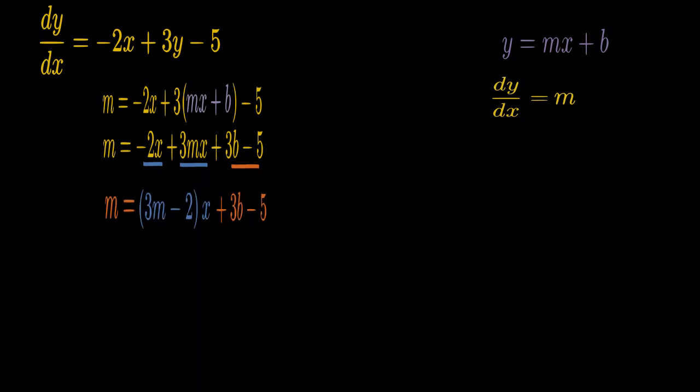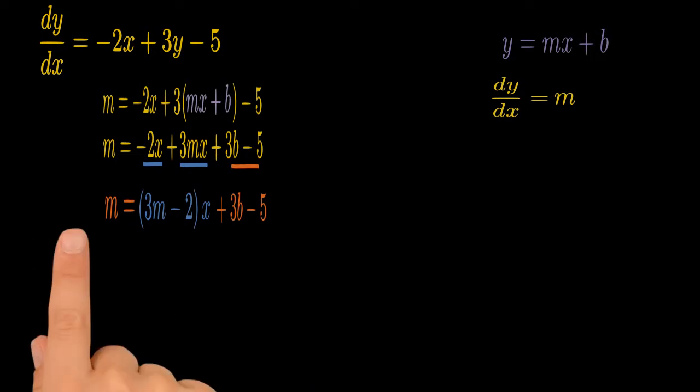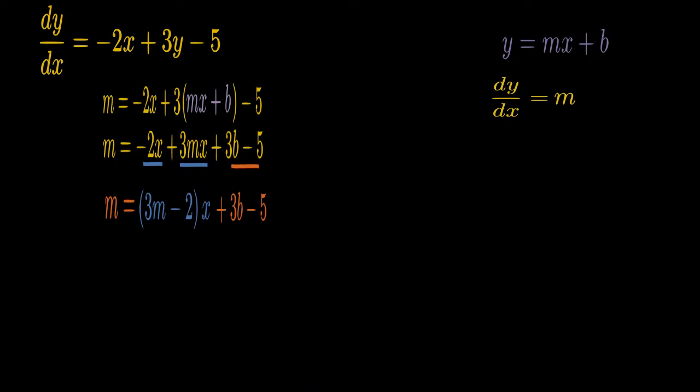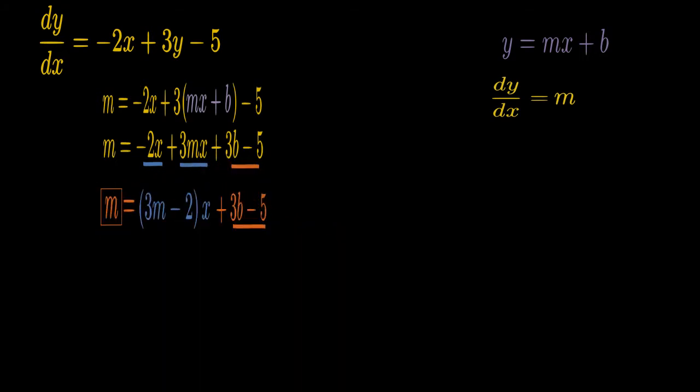Now remember, this needs to be true for all x's. Over here, I have some coefficient times x on the right-hand side, but on the left-hand side, I have no x's. So somehow this thing must disappear. This is a constant, so it's completely reasonable that this constant could be equal to m. But the only way that I get these x's to disappear, so all I'm left with is an m, is if this thing is equal to 0. Let me say that again.